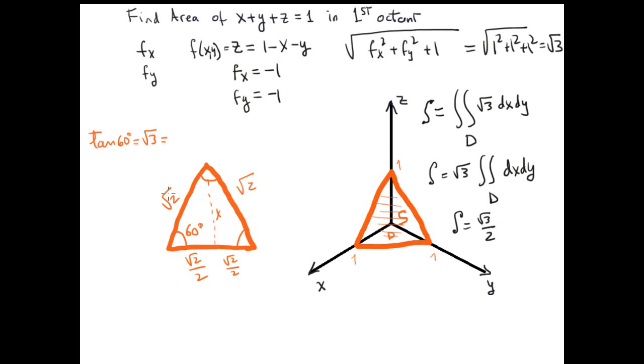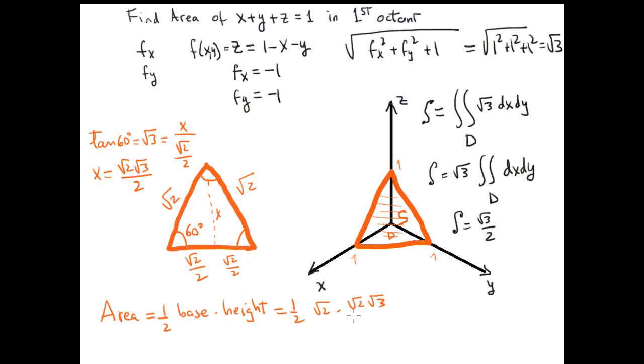By definition, it is x divided by radical 2 over 2. Therefore, x is radical 2 times radical 3 over 2. Now the area is 1/2 the base times the height: 1/2, the base is radical 2, and the height is radical 2 times radical 3 over 2. Radical 2 times radical 2 is 2, and this 2 cancels, leaving radical 3 over 2. Exactly like that.